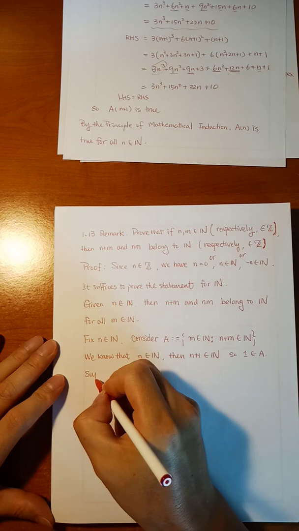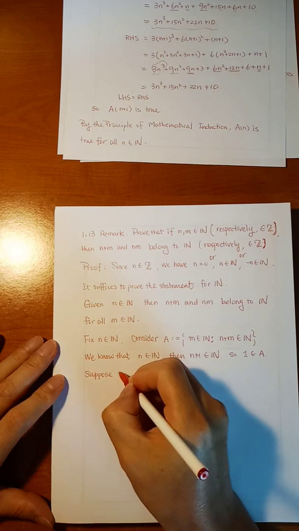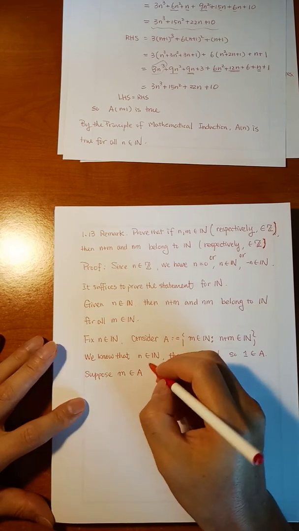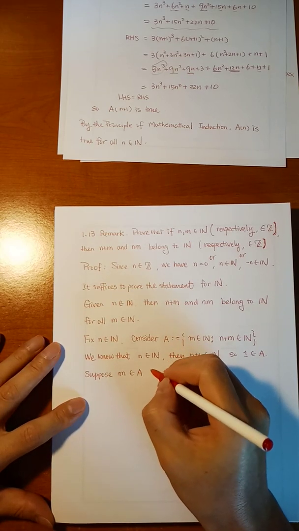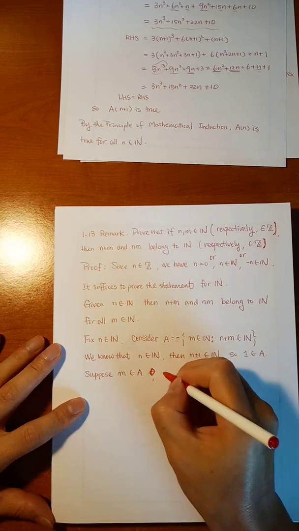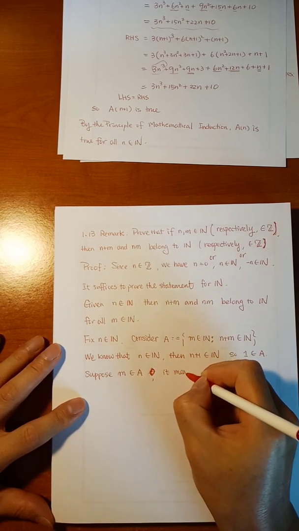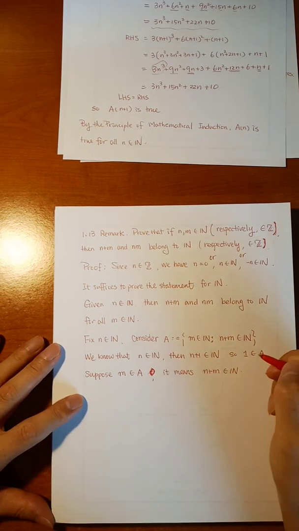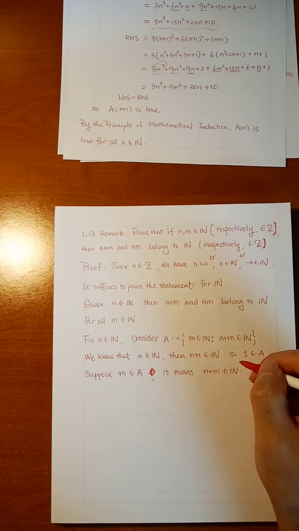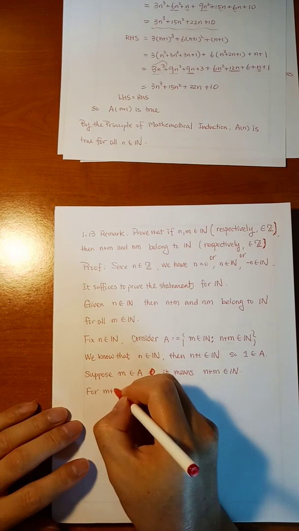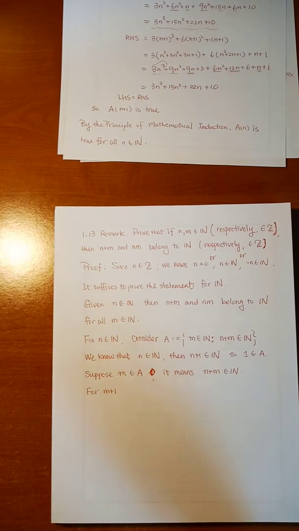Suppose element m belongs to A. It means n plus m belongs to the natural numbers. Then for m plus 1, I don't know if m plus 1 belongs to A or not.